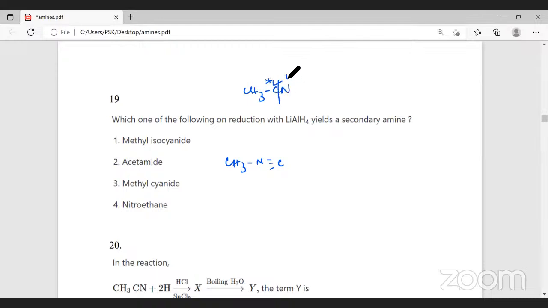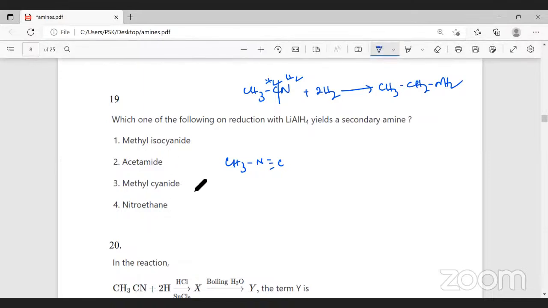On reduction, it gives you a primary amine, CH3CH2NH2. Now, since they're asking for a secondary amine, we need to use isocyanides. So this on reduction, 2 moles, or maybe we can say 4 hydrogen atoms.